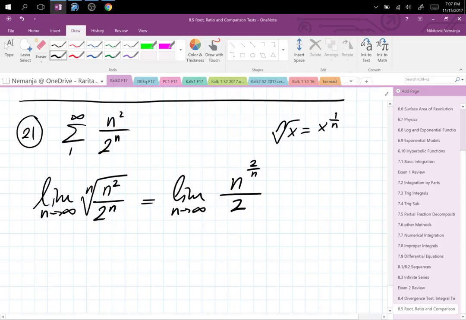Like a square root is a half, cube root is a third, so nth root is 1 over n. And then you have 1 over n times 2, and we have 2 over n there. So we are supposed to consider one half times the limit as n goes to infinity of n raised to the 2 over n.